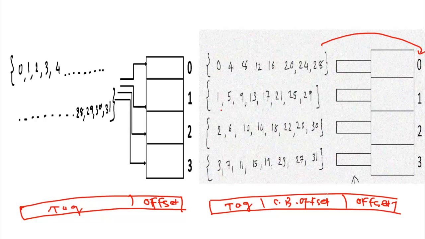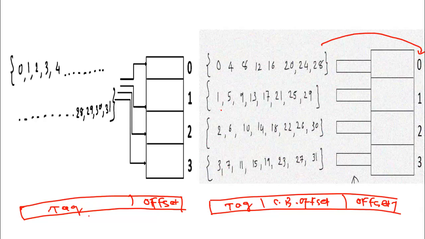So this is the arrangement of physical address division in case of direct mapping, and this one on the left side is the address division arrangement in case of associative mapping. Just because there is no specific cache block number for any set of main memory blocks, the total address is divided into two parts: tag and offset only. And in case of direct mapping, the address is divided into three parts: tag, cache block offset, and offset as well.